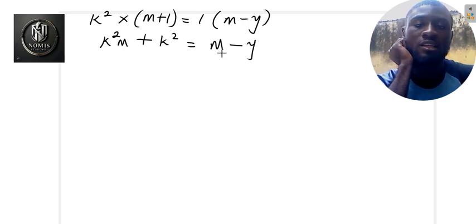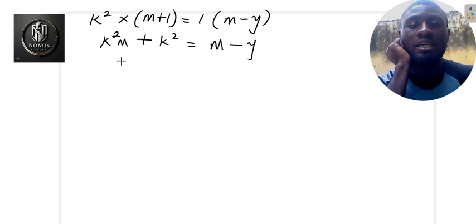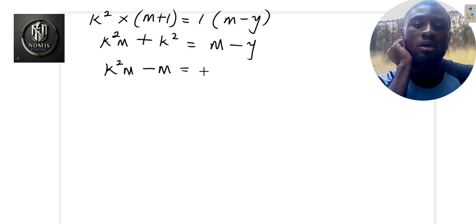So what do we do here? Let's collect like terms. We have the variables that have just M on one side, and the other ones at the other side. Therefore, K squared M, then this M when it comes here becomes minus M, equals minus Y, then this plus K squared, when it goes to that side, becomes minus K squared.